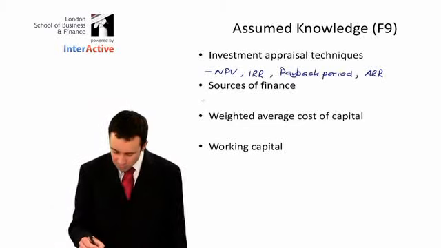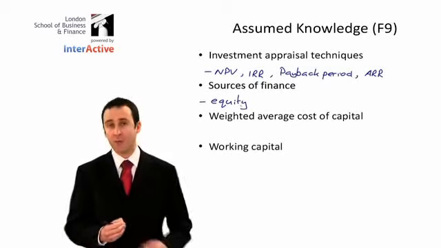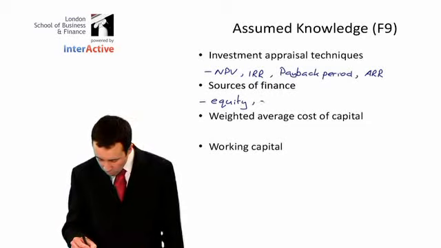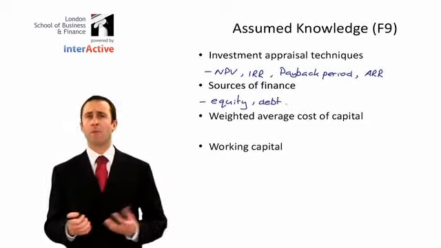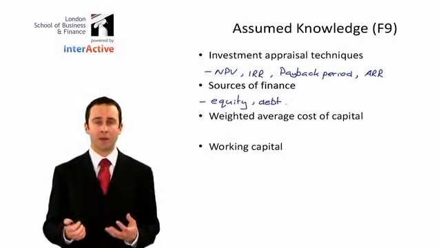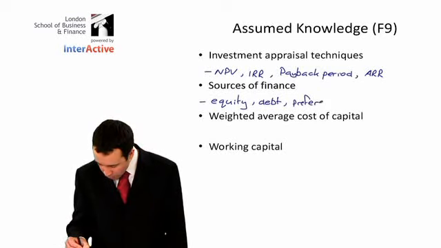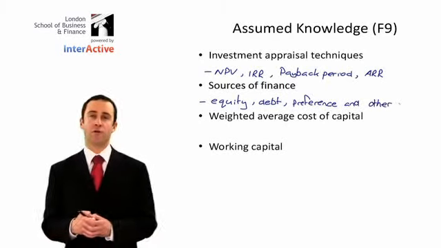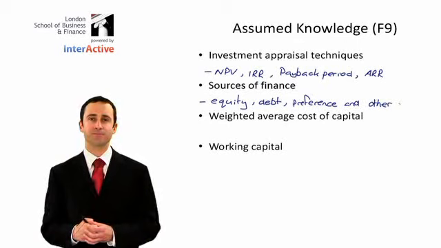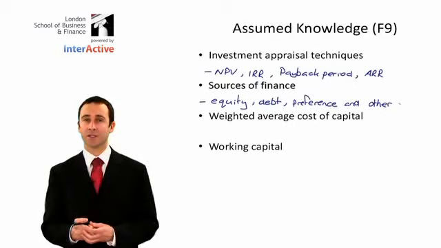Sources of finance that we've seen before are your equity finance. We'll also look at your debt finance, so predominantly debentures and bank loans. And then we'll also have your preference shares, and any other forms of finance. Again, not so numerical, however, a very discursive part of the syllabus.